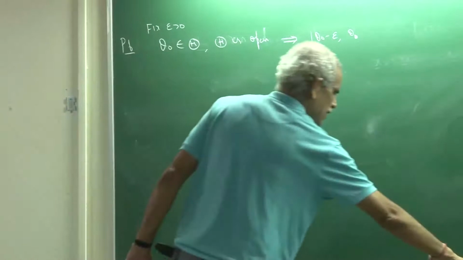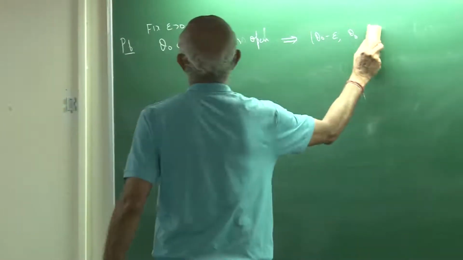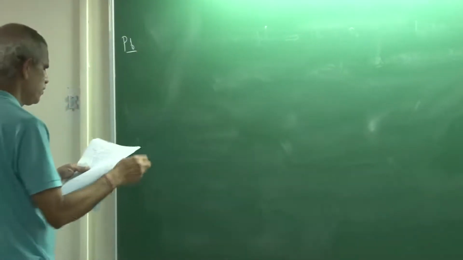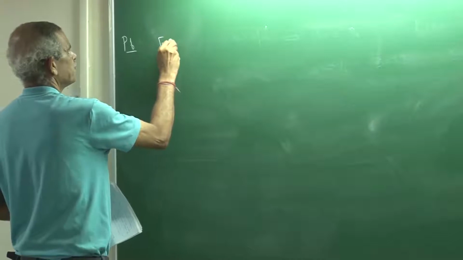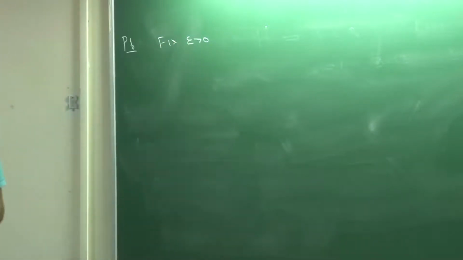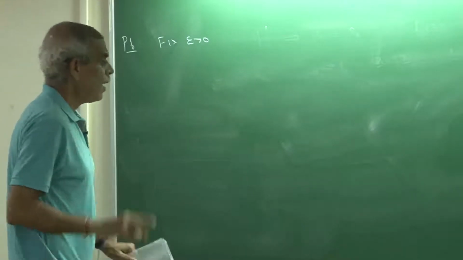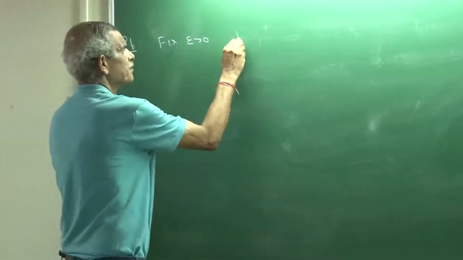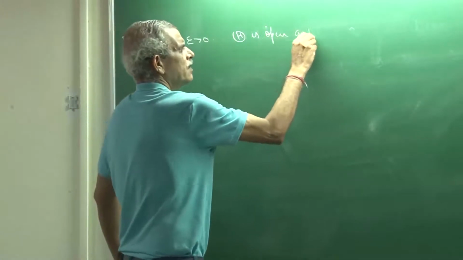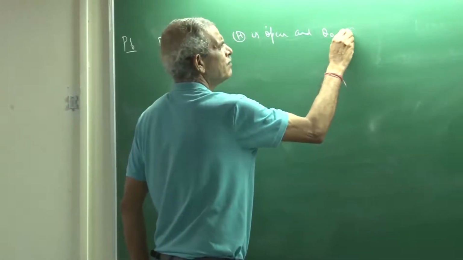First, let me choose, so fix epsilon greater than 0. Then what does that mean? My theta is open and theta naught belongs to theta.